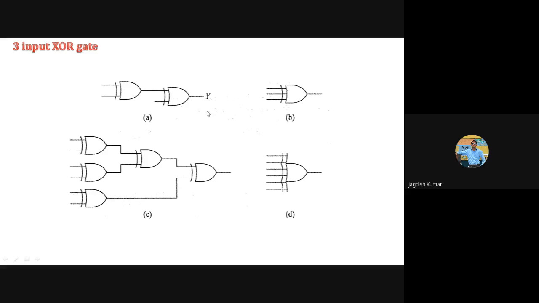This full circuit represents a six input exclusive OR gate, which we can represent in this way. So this is how we can realize any number of input exclusive OR gate, or this is how we can realize an exclusive OR gate with n number of inputs. Is this part clear?